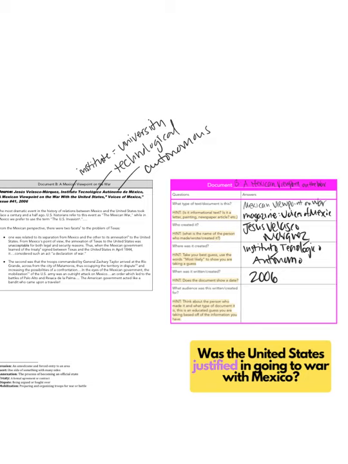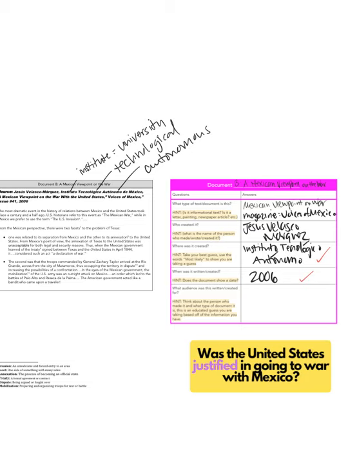For question 5, it asks, who was this written for? There isn't anything super specific about who it was written for. So we need to infer based on what we know about who, what, where, and when it was written. So this was written at a university with a name in Spanish in 2006. It's way more recent than the last document.